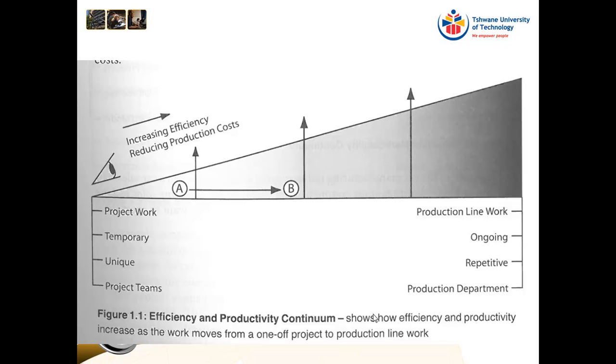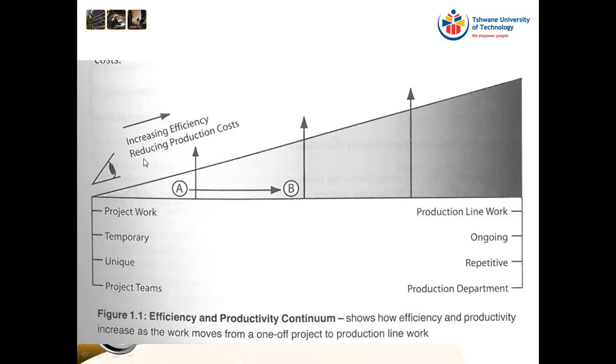Okay, so I've put these figures in because I've found that these are actually quite good illustrations to show you the difference between production and project work. So on the left hand side here we have the project work, which is temporary, unique, and done by project teams.